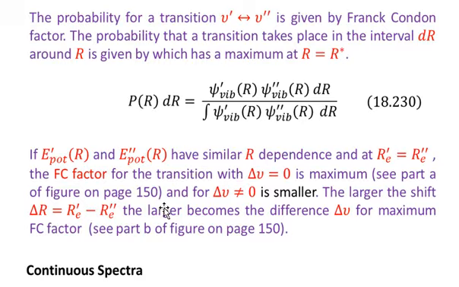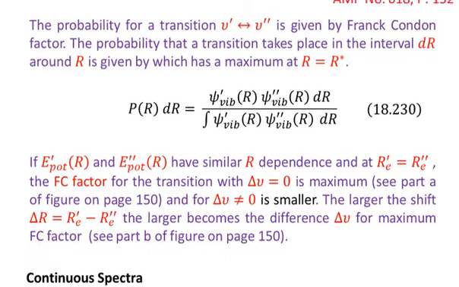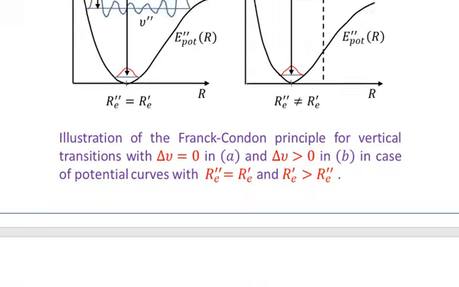So when there is a greater separation Re single prime minus Re double prime, if delta R is larger, then delta nu can be chosen in order to maximize the Frank-Condon factor.